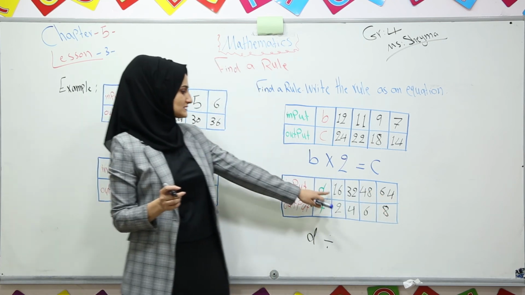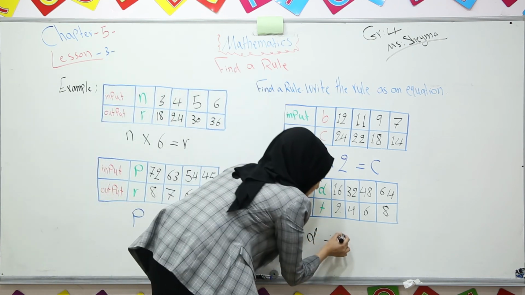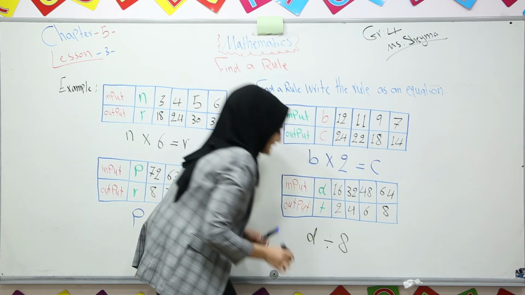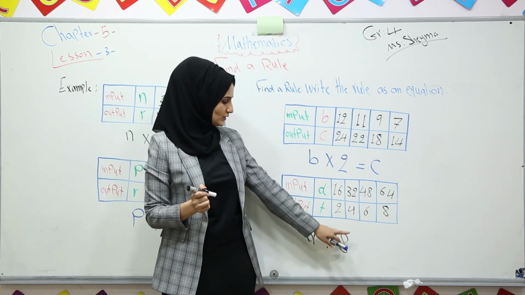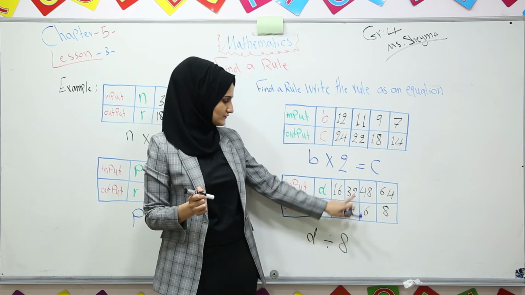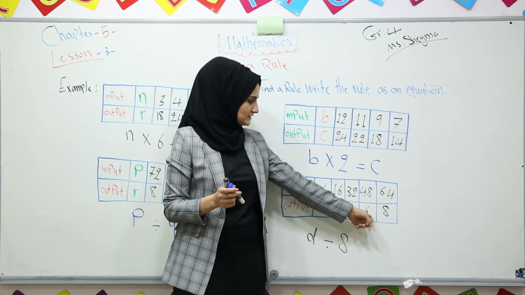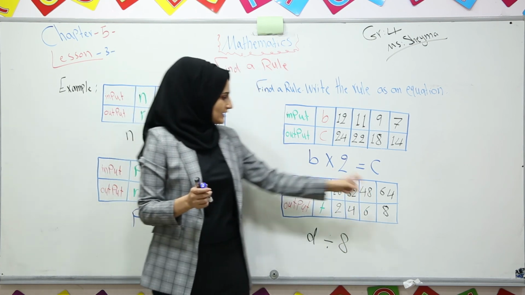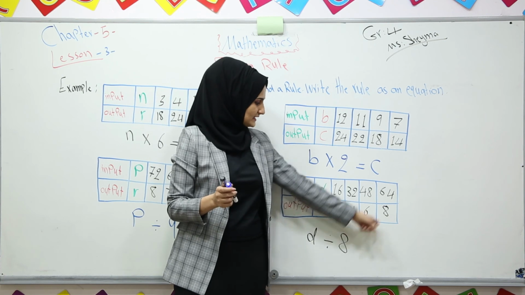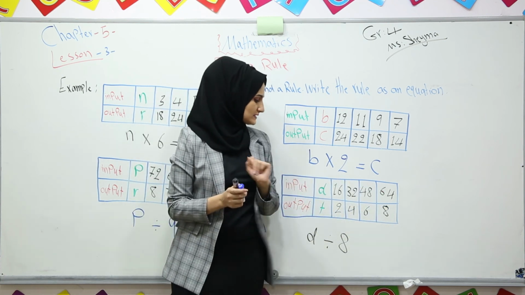I think 8. So D divided by 8. 32 divided by 8 is equal to 4, because 8 times 4 is equal to 32. 48 divided by 8 is equal to 6, because 6 times 8 is equal to 48. 64 divided by 8 is equal to 8, because 8 times 8 is equal to 64.